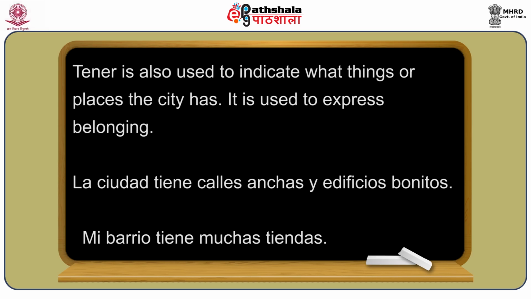So if I say la ciudad tiene calles anchas y edificios bonitos, so the city has wide streets and beautiful buildings. Another example, if I say mi barrio tiene muchas tiendas, it means my neighborhood has many shops. So the verb tener means to have or has.